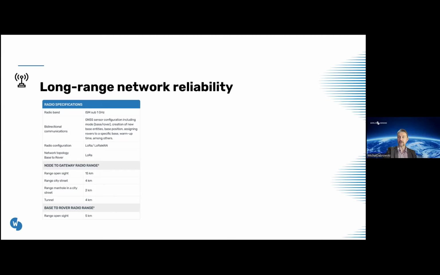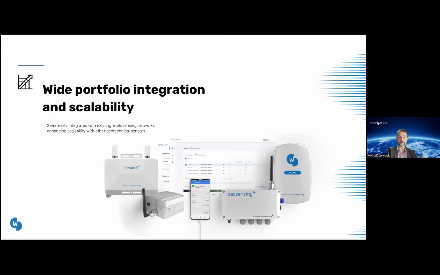However, there is a significantly higher, just a regular standard range between nodes, GNSS nodes, and gateway, which can be obtained up to 15 and above kilometers, depends on the environment of deployment. And this is a very important part that I would love to touch with you maybe later on if I will have a little bit more time, or would you like to contact me later after this presentation?